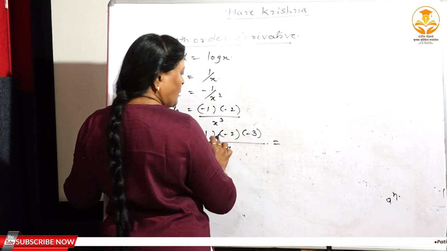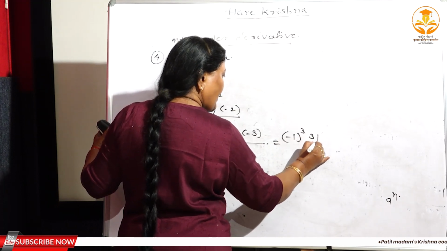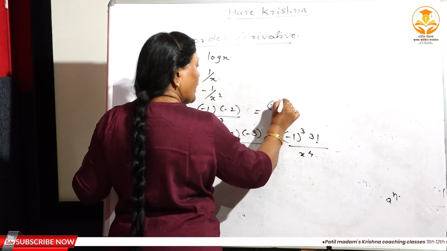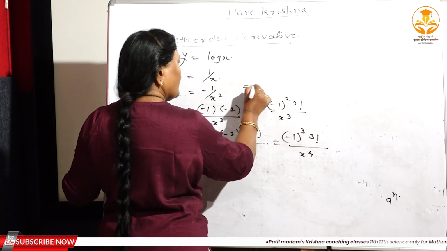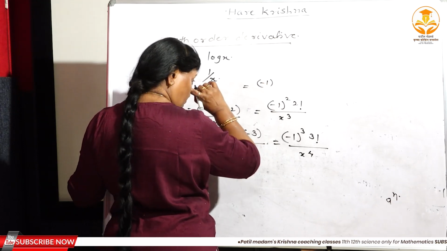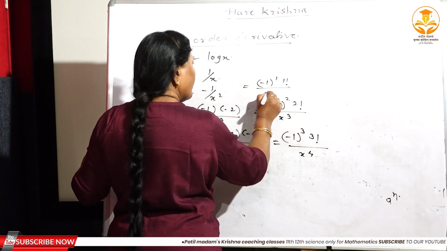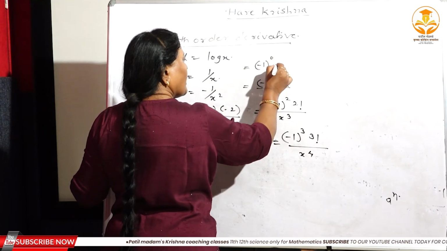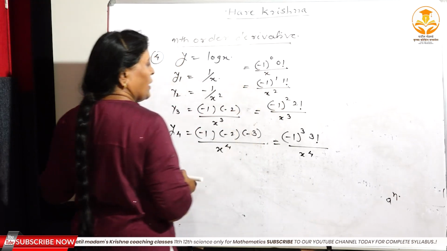Now this minus sign is multiplied how many times? 3 times. Minus 1 to the power 3. 1 to 3 means factorial 3, x to the power 4, right? Minus 1 multiplied 2 times, again 1 to 2 means factorial 2 divided by x cube. Here again minus 1 to the power 1, factorial 1 divided by x square. And here again minus 1 to the power 0, again 0 factorial, and here again x, isn't it?